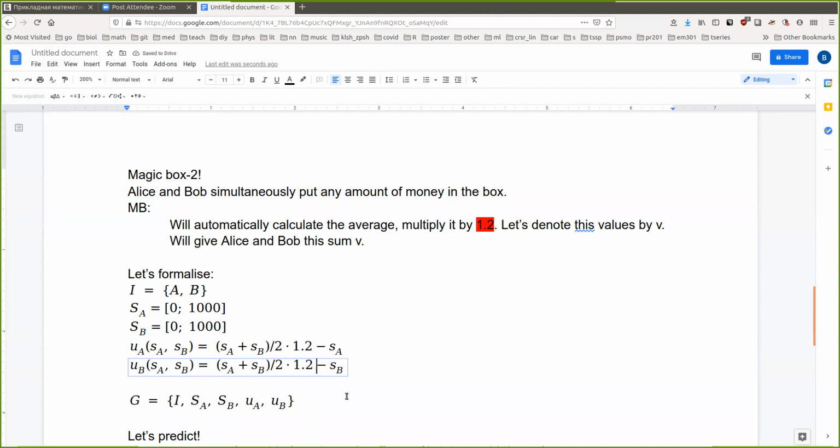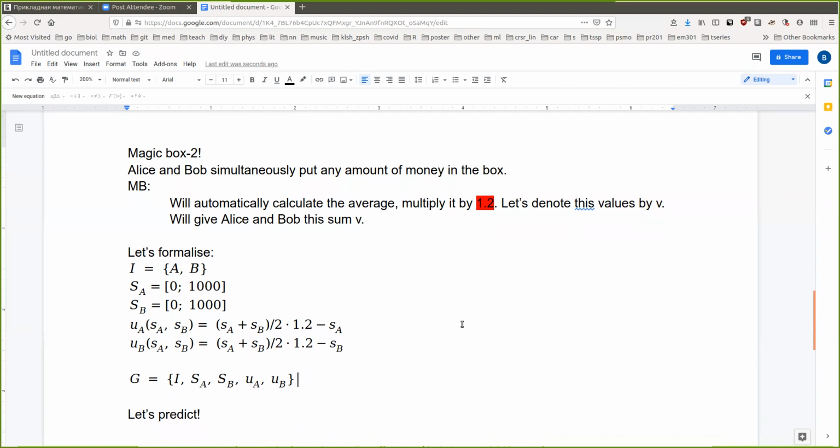So what is your forecast? What is your prediction for the second magic box? Well, if they are good friends, then they can still put all the money and it will be profitable for them. However, if we consider them as selfish, then they shouldn't put the money in the box.